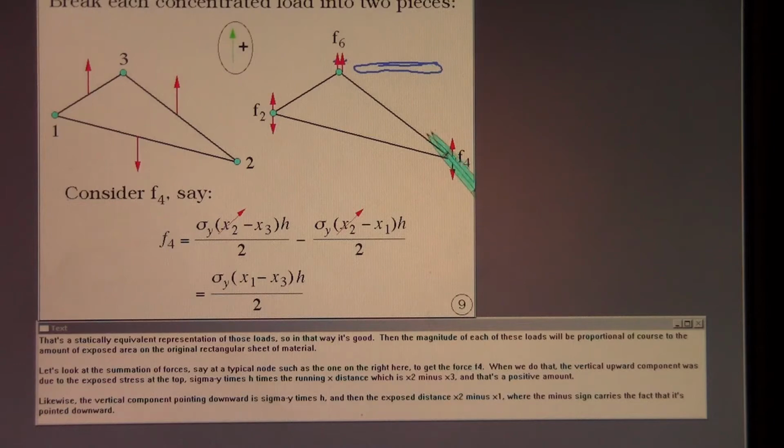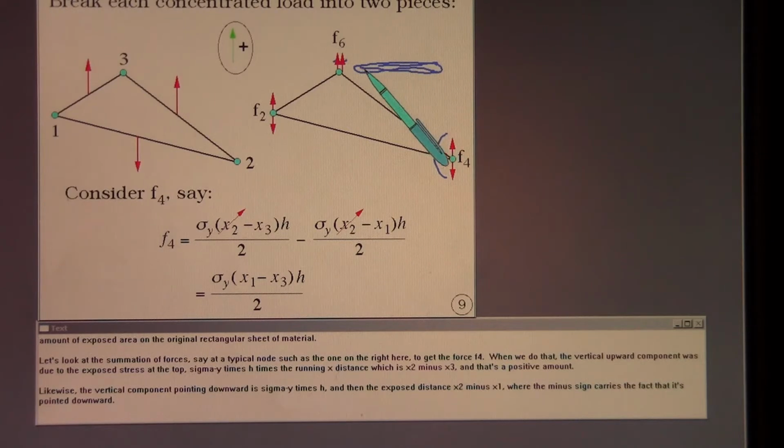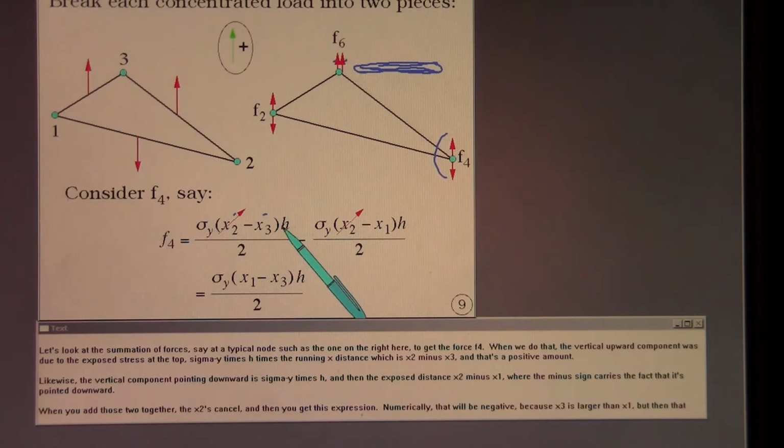Let's look at that summation of forces, say, at a typical node such as the one on the right here, to get the force F4. When we do that, the vertical upward component was due to the exposed stress at the top, sigma y times h times the running x distance, which is x2 minus x3, and that's a positive amount.